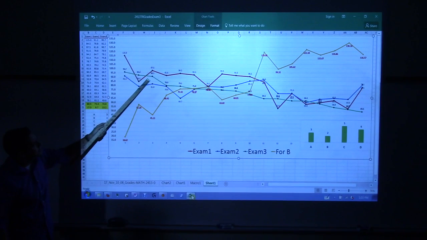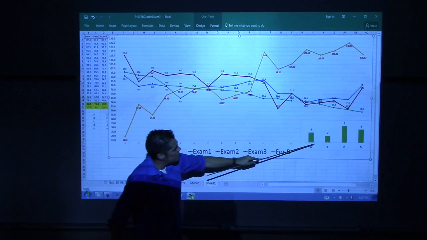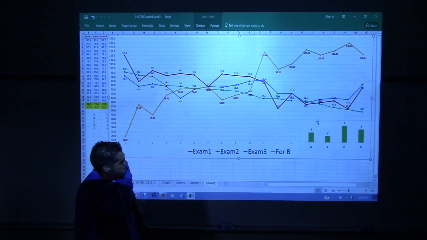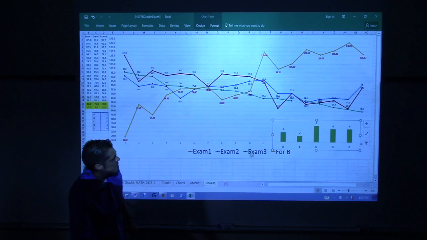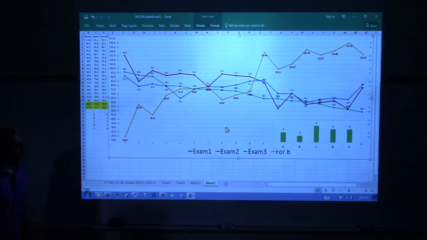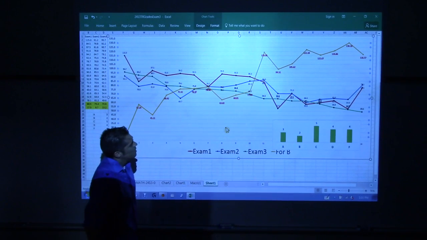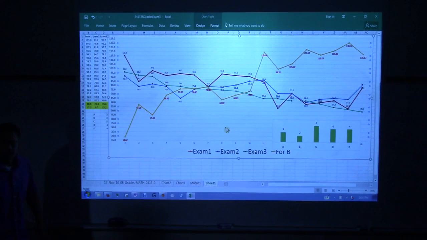So we had 3 A's, 2 B's, 5 C's, 4 D's, and 4 F's. So we've got, what, 10 passing, 8 not passing this exam. Make sense?